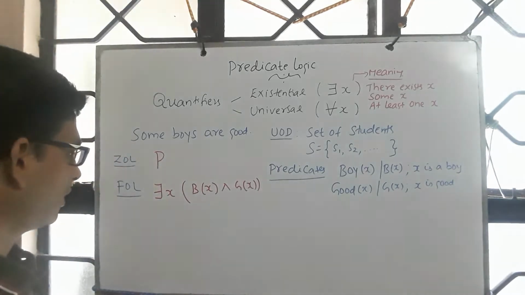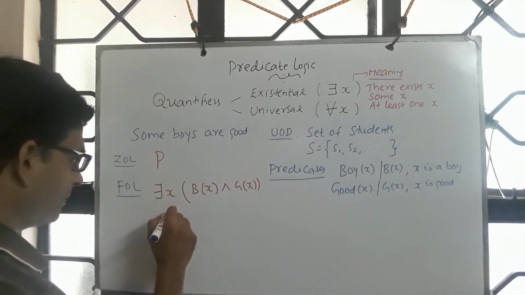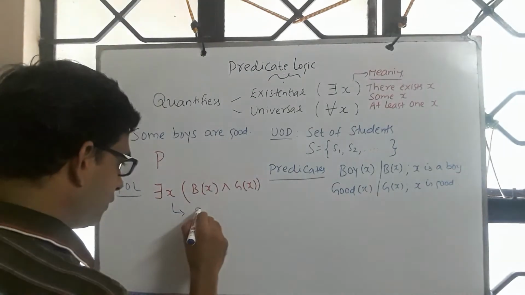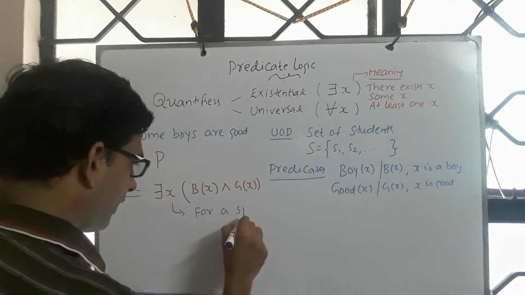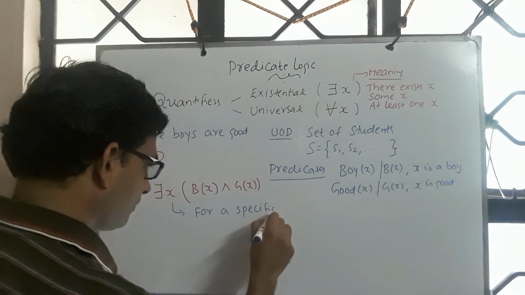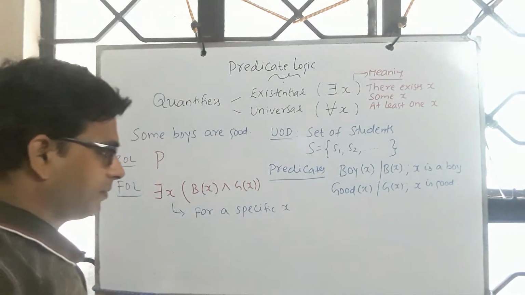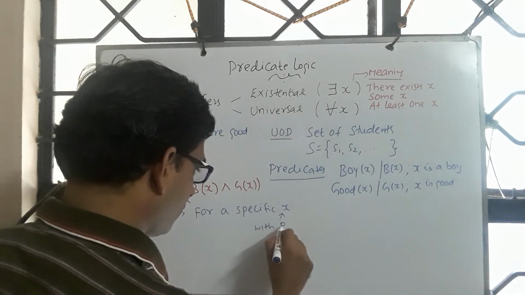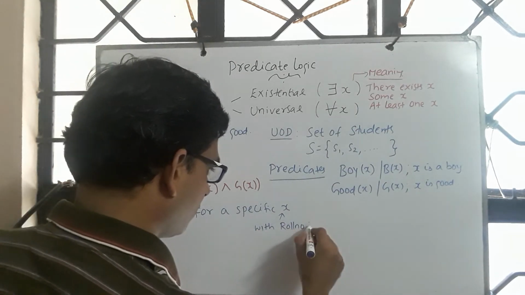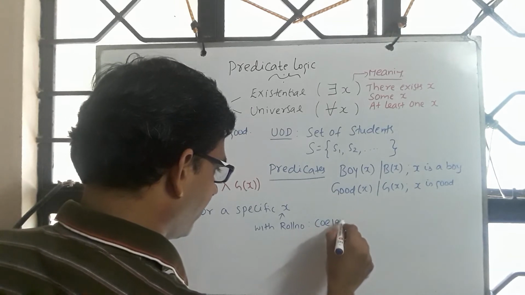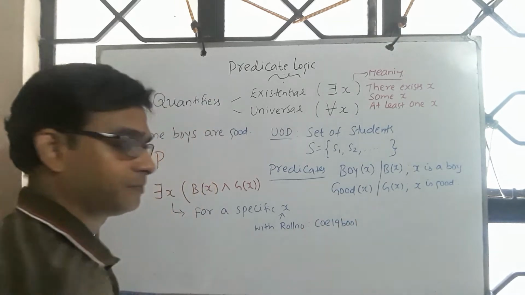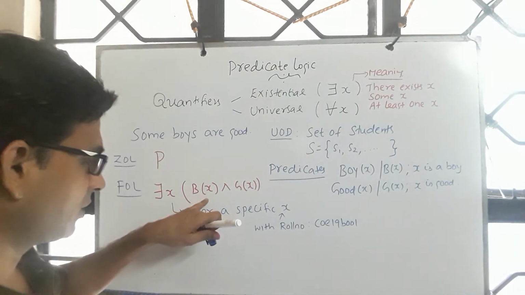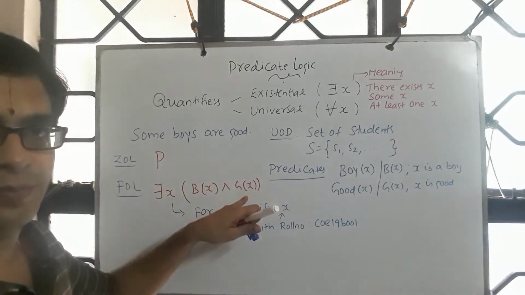So remember, once you take a specific X, for example, X with say roll number COE 19 B001. So you will say COE 19 B001 is a boy and he is good.